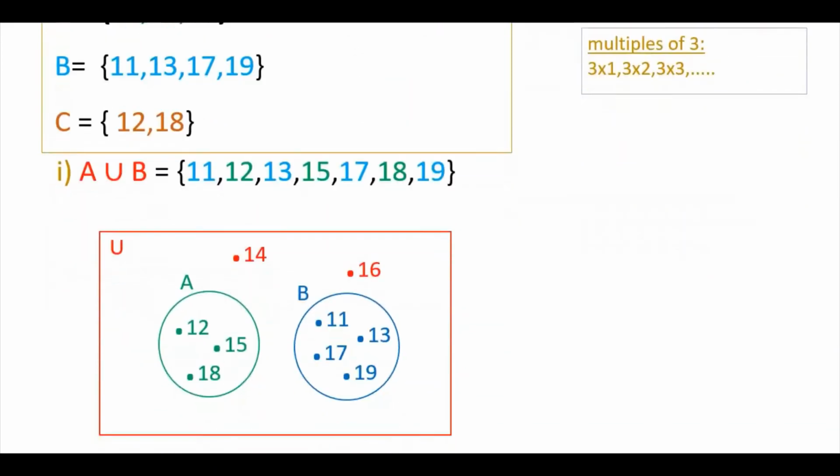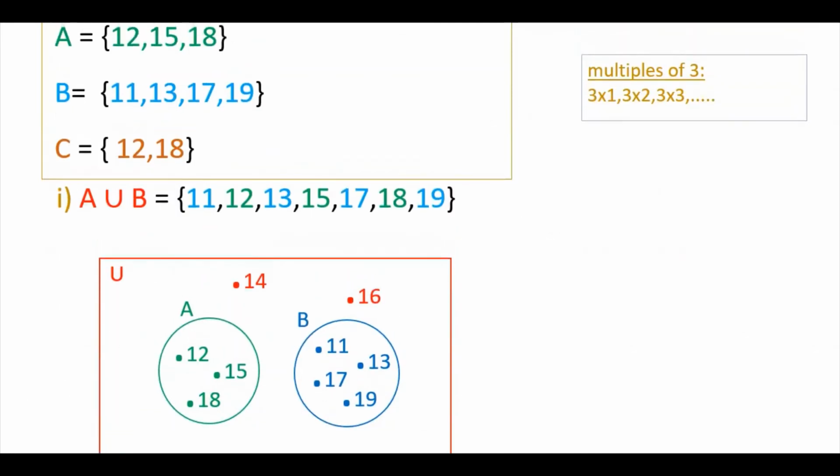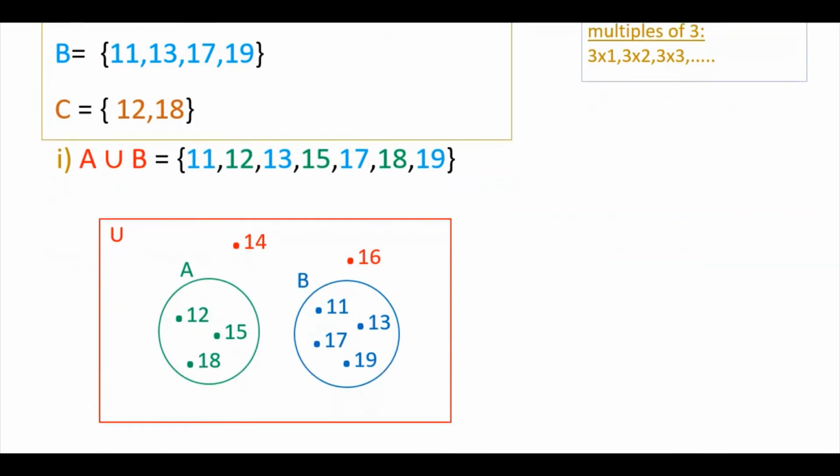Now draw the Venn diagram here. This is the universal set and the elements of A are 12, 15 and 18. Show the elements of the A set like this. And for the B set, the elements are 11, 13, 17 and 19. Show all the elements inside this circle, the B set.